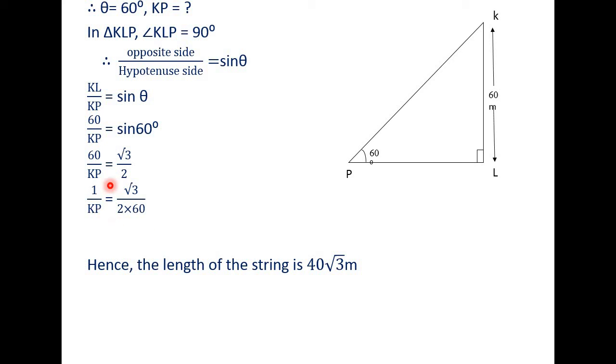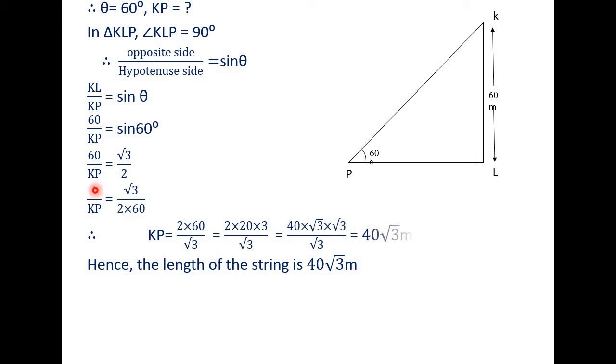Taking the reciprocal, KP is equal to 2 into 60 divided by root 3.